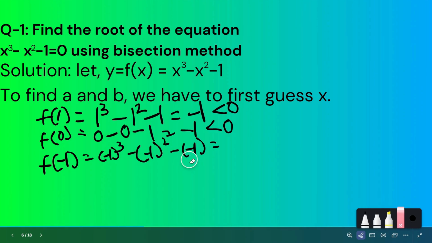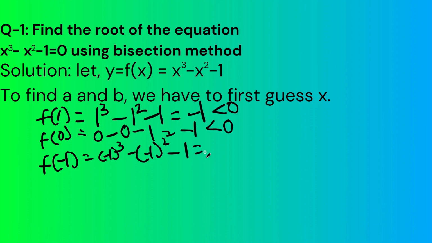Sorry for the confusion. The answer is negative 3. Negative 3 is smaller than 0.